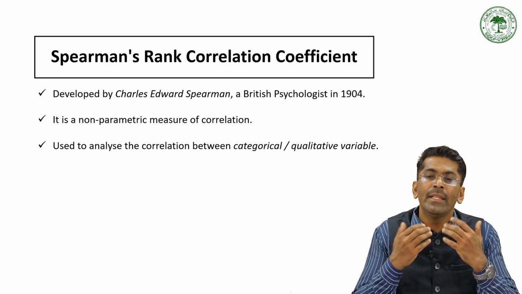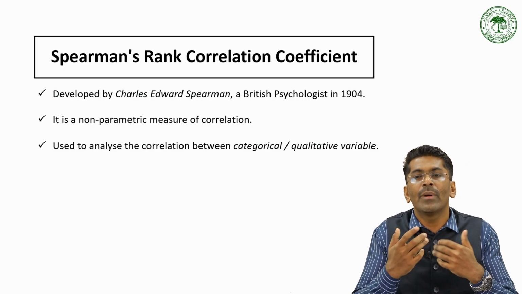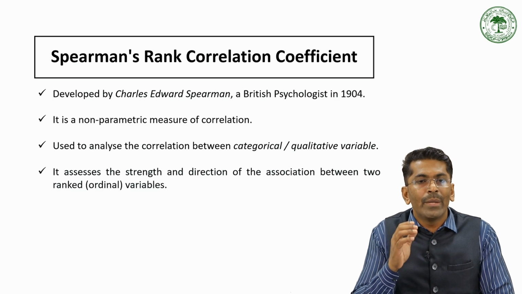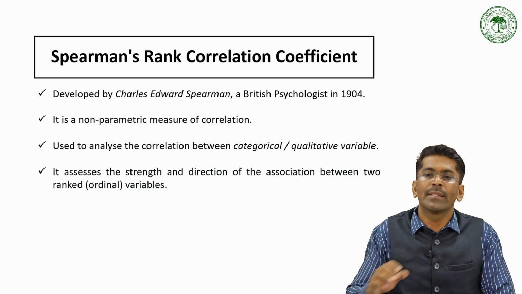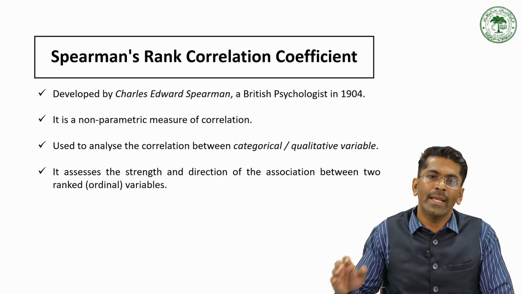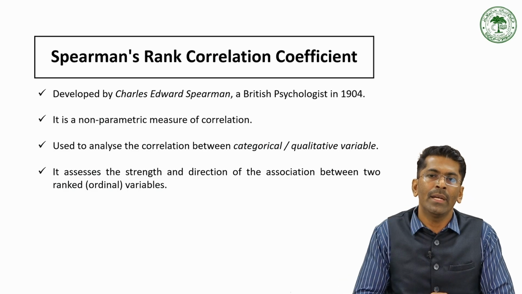For example, the ranking of students based on performance, that is first rank, second rank, and so on. Accordingly, it measures the strength as well as the direction of the association between the two variables. So we can find out the direction as well as the strength of the relationship between two variables.